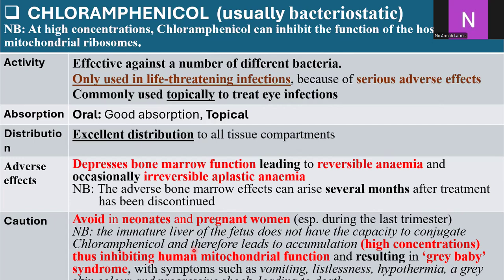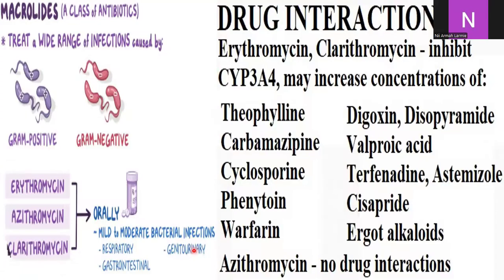So, chloramphenicol. The second member that works through the 50S ribosome are the macrolides. These inhibit the 50S ribosome, interfere with bacterial protein synthesis, and usually lead to the halting of bacterial growth.